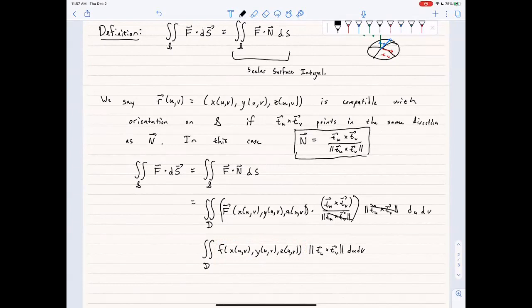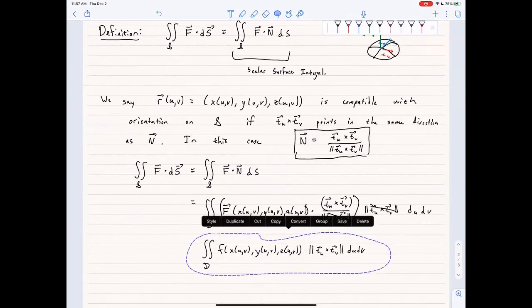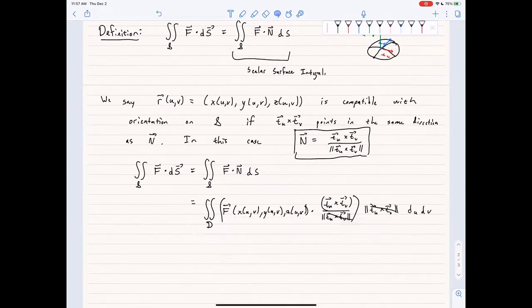What that leaves you with, I'm going to erase this, used it, is just this formula: integral over D, and now remember, D is a domain inside of the plane. So you've got an ordinary type of integral once you work all of this out.